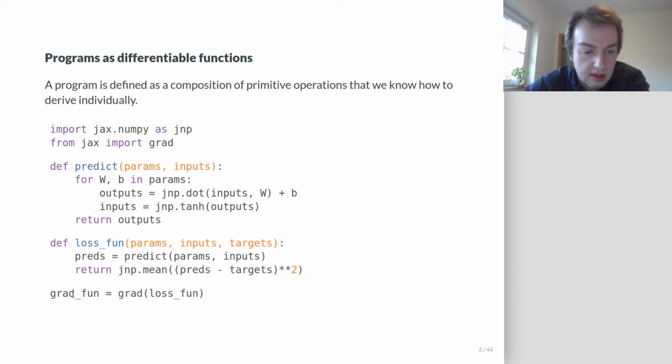And now this new variable grad fun, so for the gradient, is itself a Python function which you can use to evaluate the derivative of the function at any parameter value. So what we'll try to do today is to understand how this grad function is actually implemented.